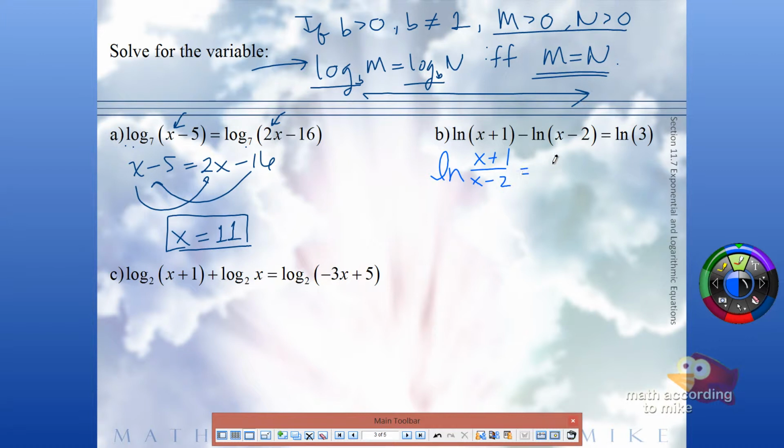Remember the quotient rule says if you're subtracting logarithms, it's the log where the numerator is the first argument and the denominator is the second argument. Well, now we have it all set for our one-to-one property because we have log equals log, and they're both natural logs. So then we're going to set the arguments to be equal.